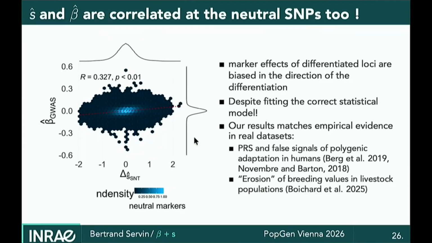And this result that we can produce via simulation has been observed empirically in the literature. It is related to the problem of false, or debatable, signal of polygenic adaptation in humans. There's a very nice paper by Berg and collaborators in 2019 in eLife, and also a good discussion in Novembre and Barton in 2018.